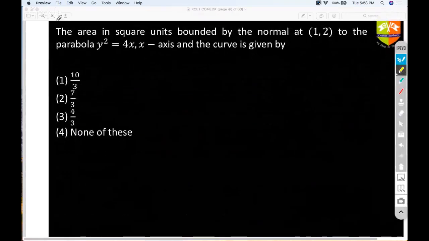Next, question number 48. The area in square units bounded by the normal at (1, 2) to the parabola y square is equal to 4x, the x-axis, and the curve.